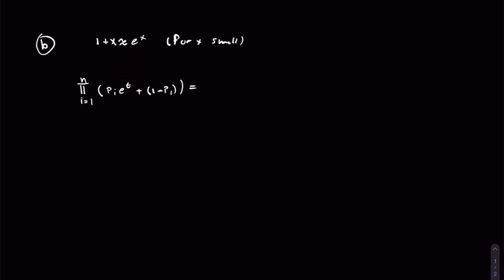So let me just do it for the sake of simplicity by just writing it out like the following. So we have p_i e^t, and by the way, this should be an i here.